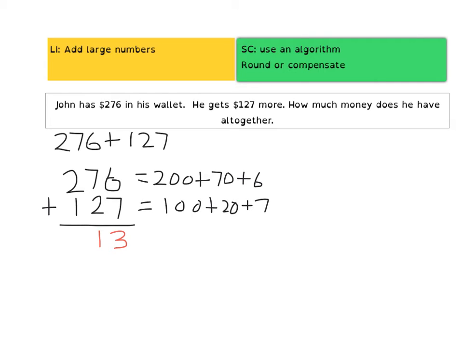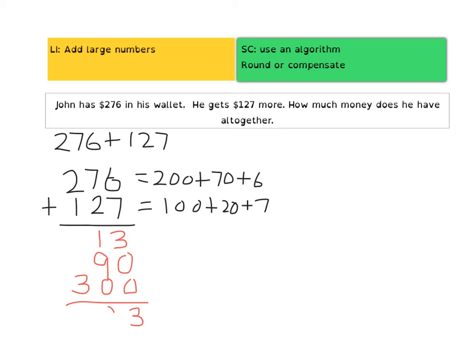70 plus 20, because these numbers here are tens, equals 90. 200 plus 100 equals 300. 10 plus 90 equals 100.